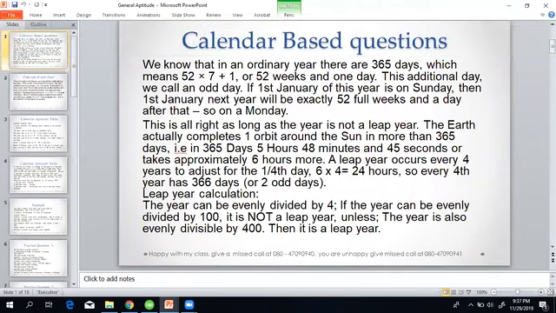Now the leap year calculation: how to find which year is a leap year.